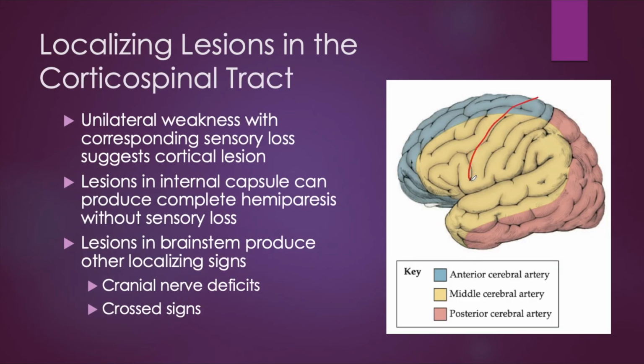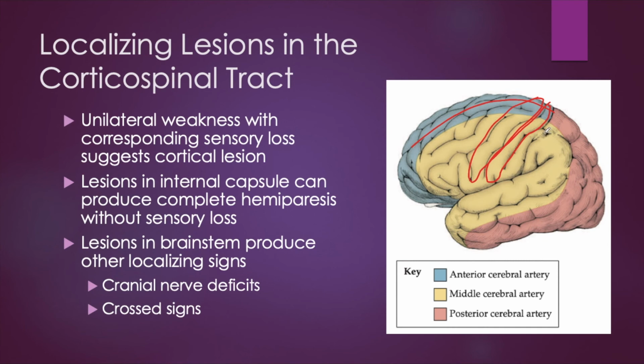Because the primary motor cortex and the primary somatosensory cortex are located right next to each other, with similar somatotopic maps, lesions to the cortex can produce weakness and sensory loss in the same distribution. The anterior cerebral artery runs along the midline of the interhemispheric fissure, so strokes here produce weakness and sensory loss in the contralateral leg.